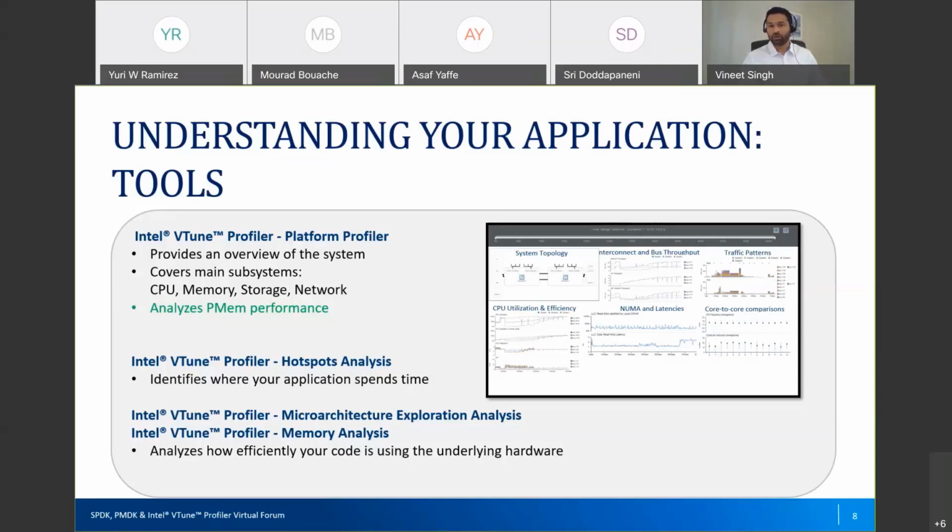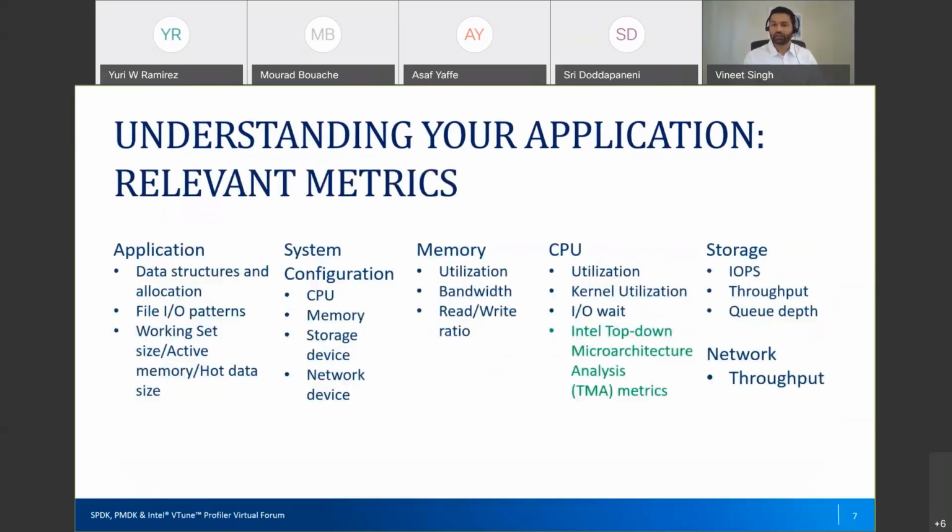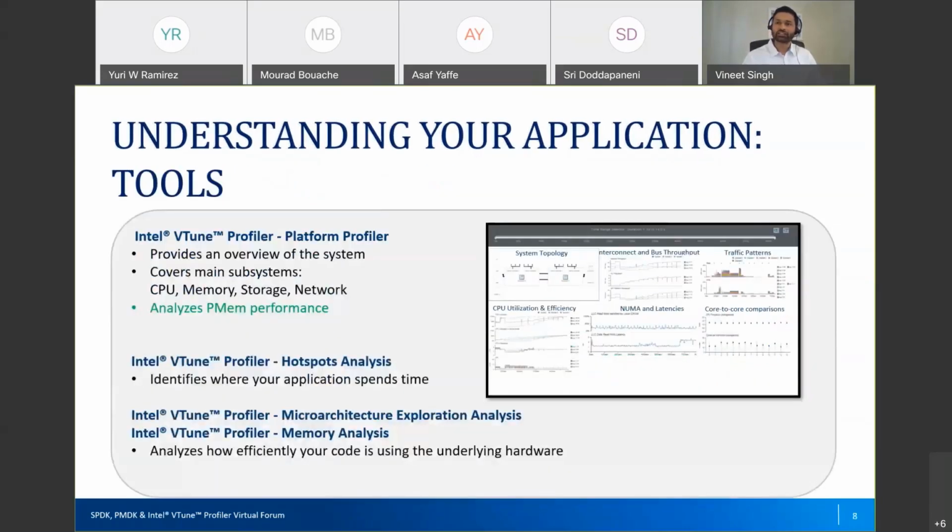So information about what objects are there and how you can move them around in App Direct mode, all of that is available in VTune Profiler, microarchitectural exploration, and memory analysis. These tools together give you a very high level of coverage with respect to all the metrics that I have used in my analysis and mentioned. Hope that answers your question.